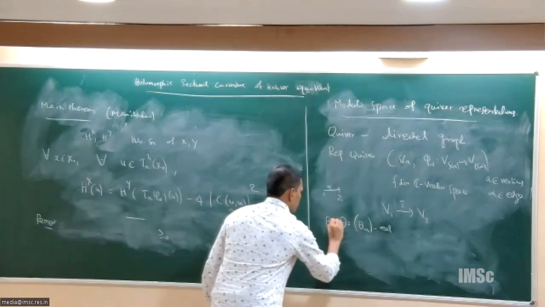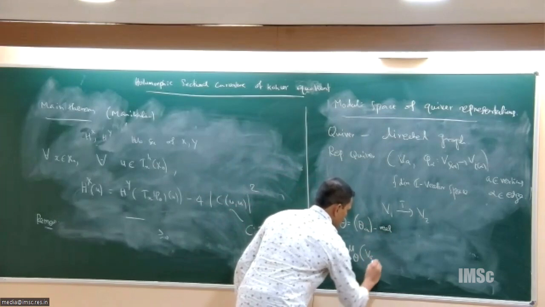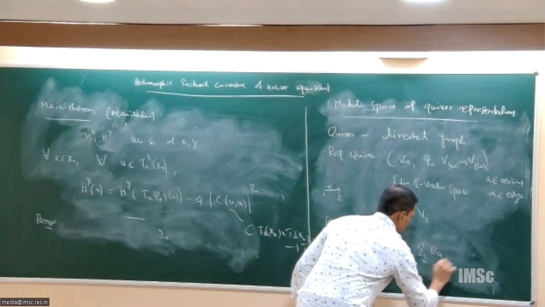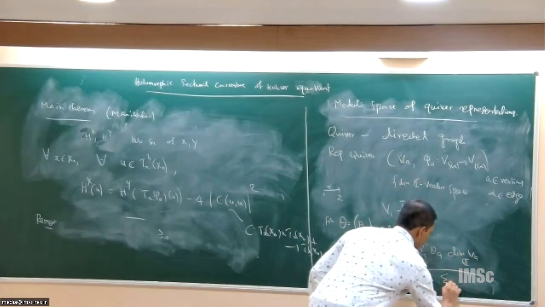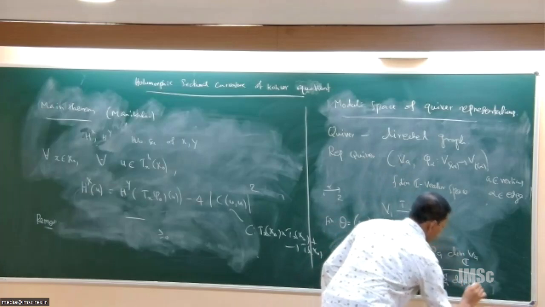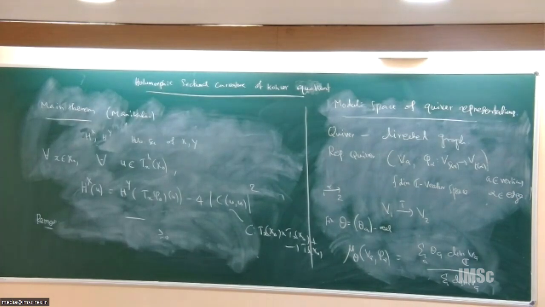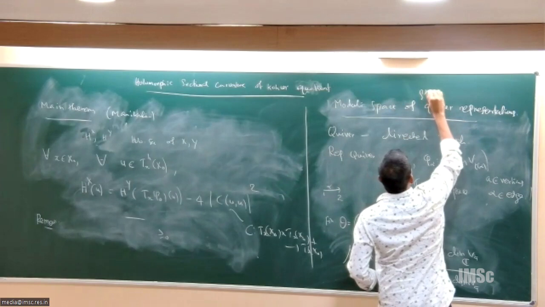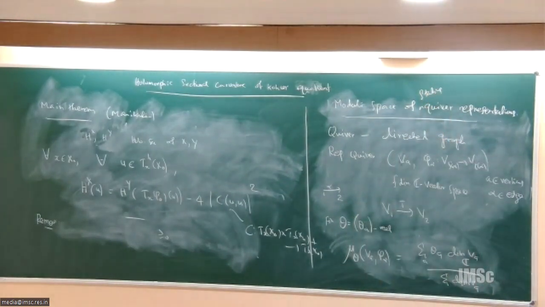For a fixed theta, we can define the slope of this representation as the sum of theta_a times the dimension of V_a, divided by the sum of the dimensions of V_a. For the moduli space, we consider only stable representations, so that we get a nice moduli space.